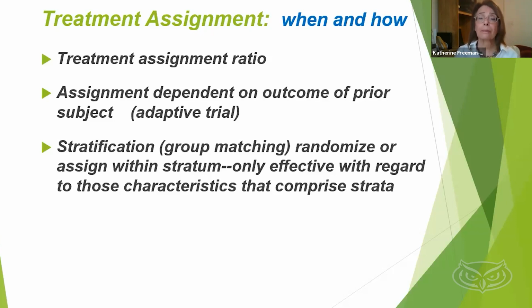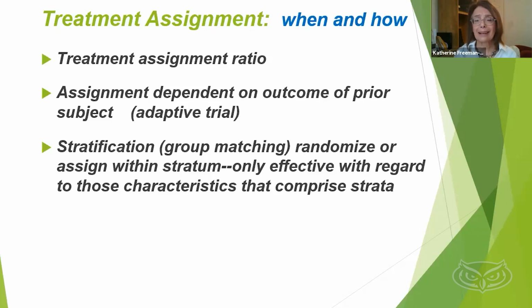So in order to possibly control or minimize that disproportionate number in the various groups, and also to better balance the groups according to particular pre-specified characteristics, you impart what's called stratification.